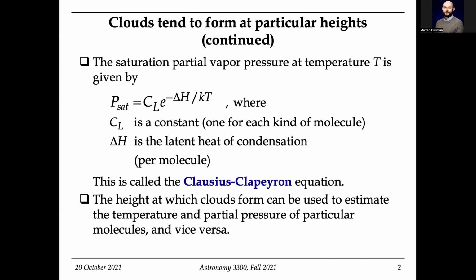Right, so the cloud is already formed. And the location of the cloud tells us usually something about the temperature. So the location of the cloud always happens at the same temperature, right?